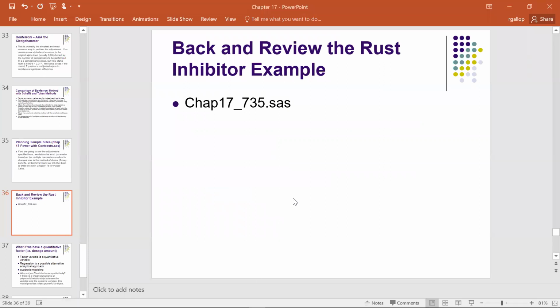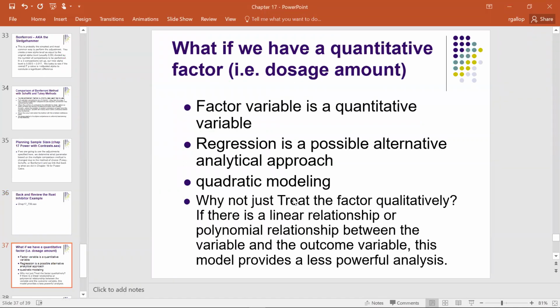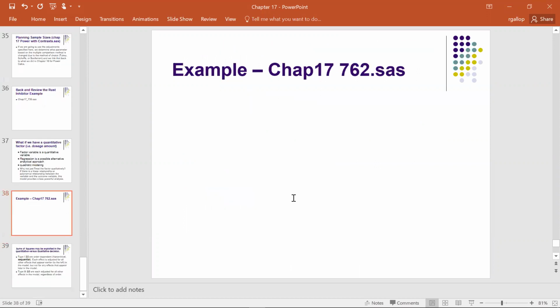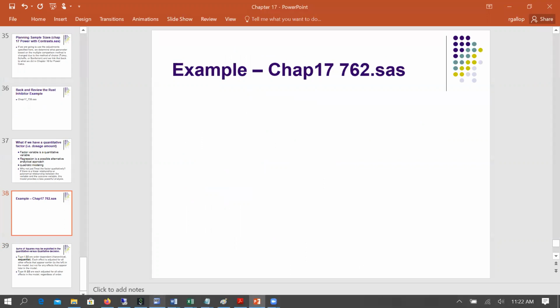And then the last issue is when we deal with something that may not really be a categorical factor, but more of something we consider quantitative. So we may think about modeling this as a linear predictor or maybe even a quadratic predictor. This becomes the chapter 17, page 762 example.